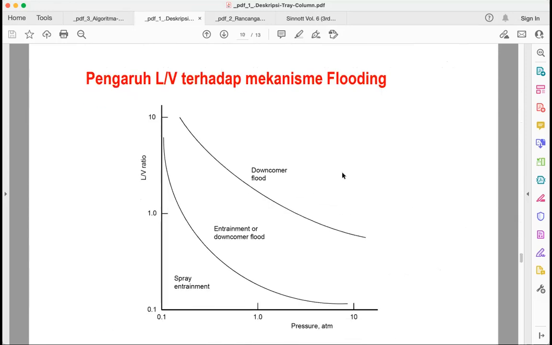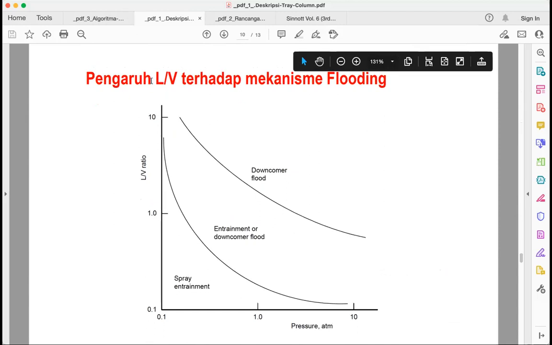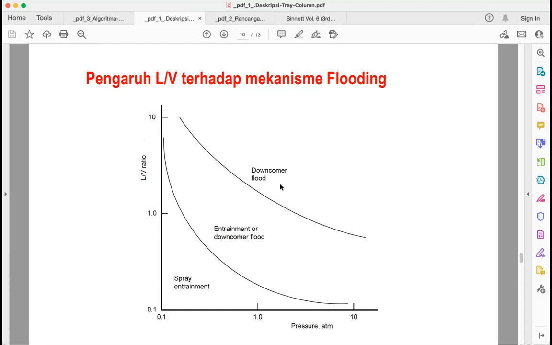Okay, so sometimes the L over V ratio also has an influence on downcomer flooding.